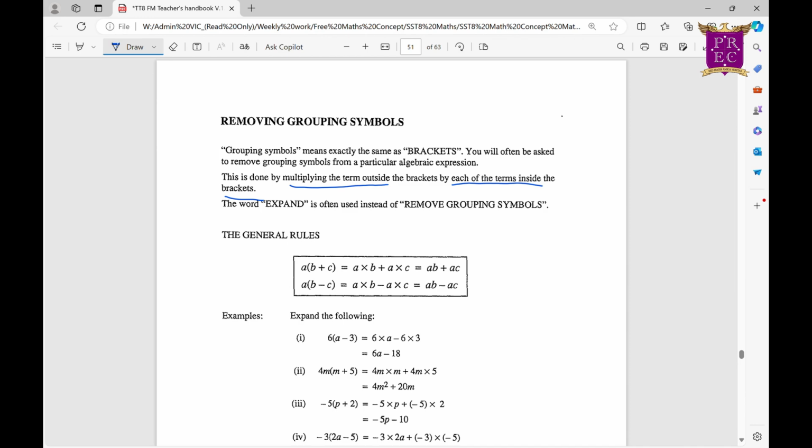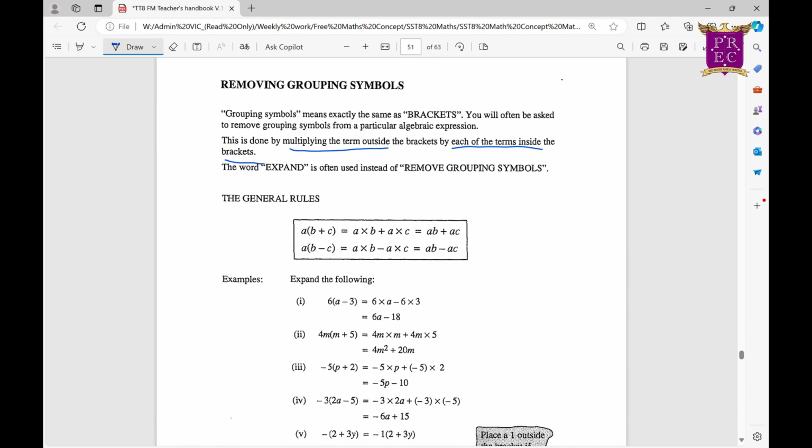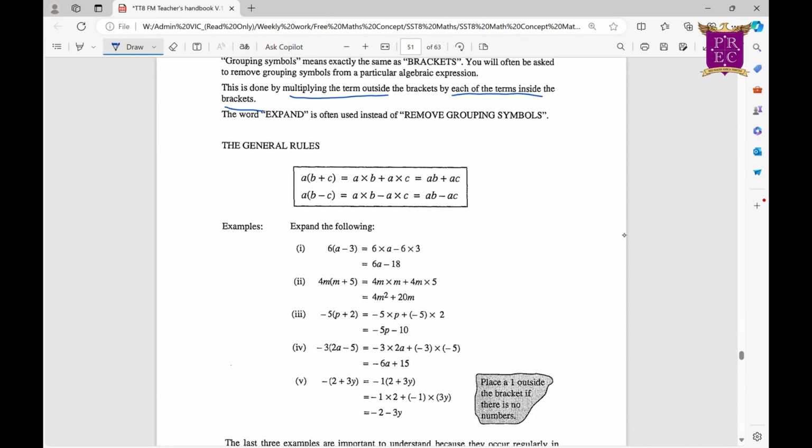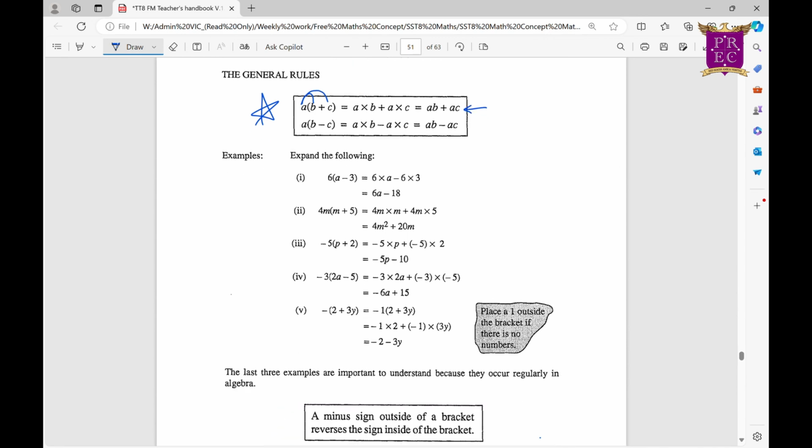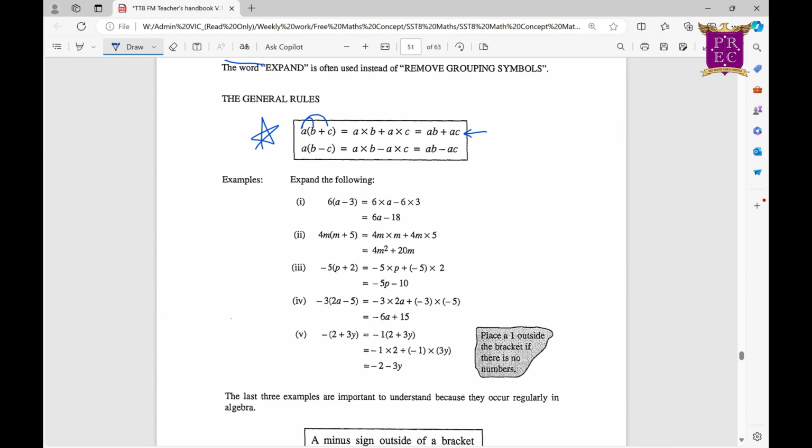So that is your general rule, and written out it essentially looks like this. You're just multiplying a with b and a with c, and coming to the expanded form right there.